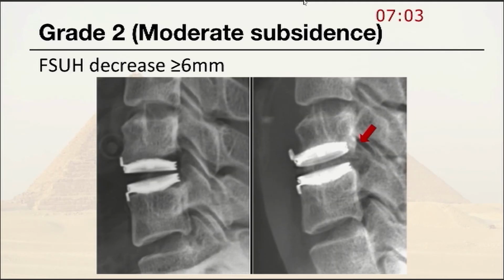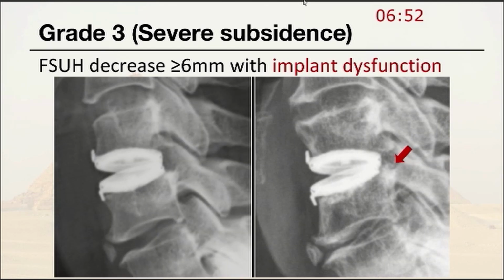When it decreases more than 6 mm, it's grade 2, moderate subsidence. And when the implant further loses its function, it's classified as grade 3, severe subsidence.